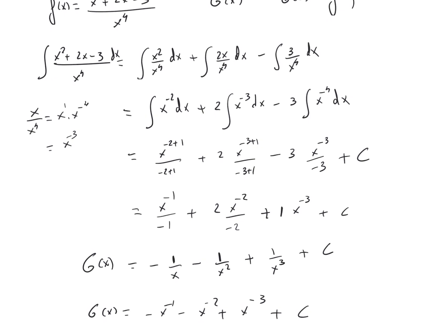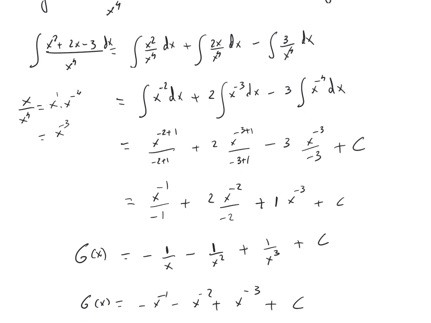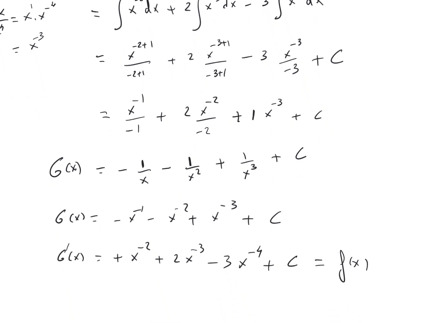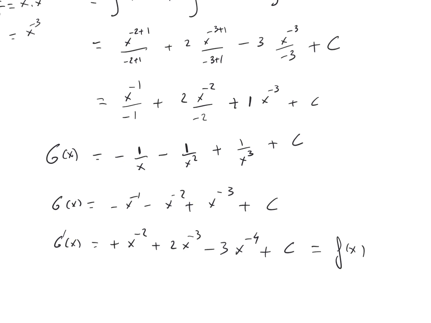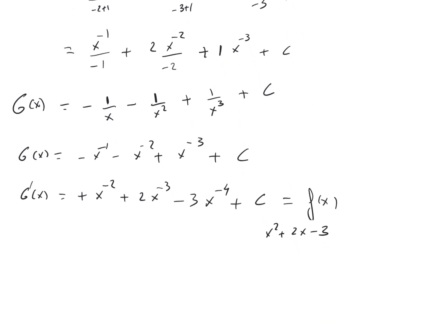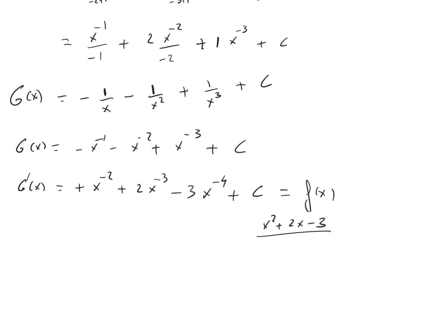F of x is (x squared plus 2x minus 3) divided by x to the 4. So this is x squared divided by x to the 4, which is 1 divided by x squared, so I found the first term.